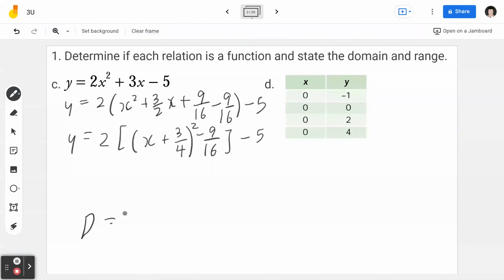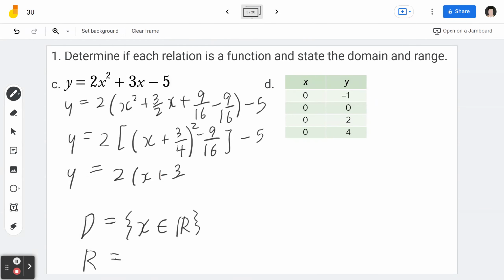Again, we wrote down domain is going to be x is an element of real numbers. Range we'll come back to after we complete the square. So again, if you expand this, y equals to 2 times x plus 3 divided by 4 quantity square. Now, if you think about 2 times negative 9 over 16, 2 divided by 16 is 1 over 8. So this is negative 9 over 8 minus 5. But 5 is the same as 5 over 1.